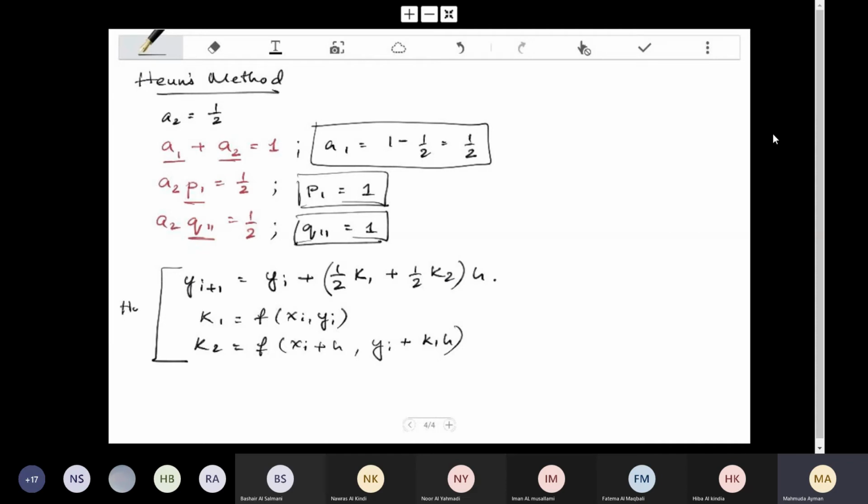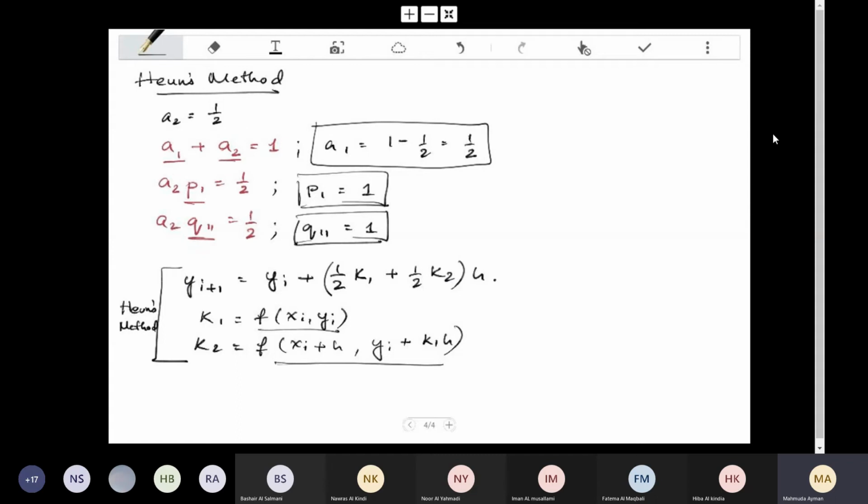This is what you'll use for the Heun method all the time. And from a physical point of view, what you're basically doing in the Heun method is calculating the value of the slope at the point where you are, which is k1, and then calculating the value of the slope at the point where you want to go, which is k2 here.